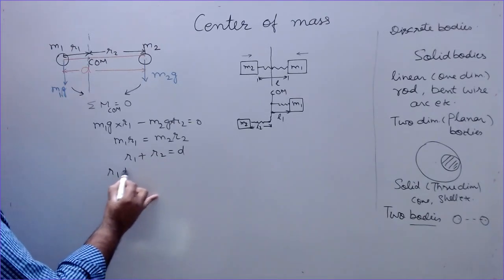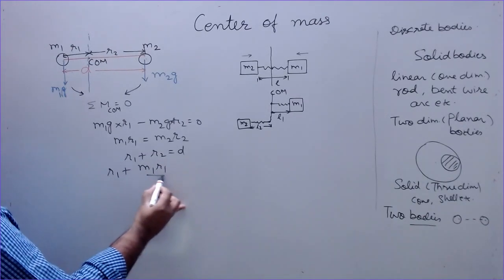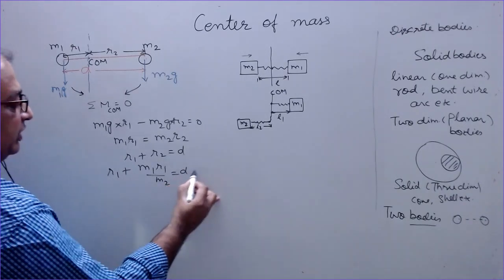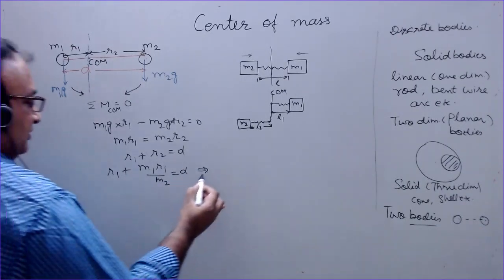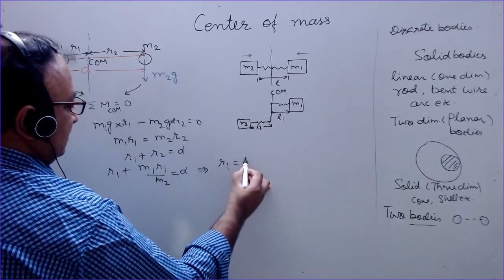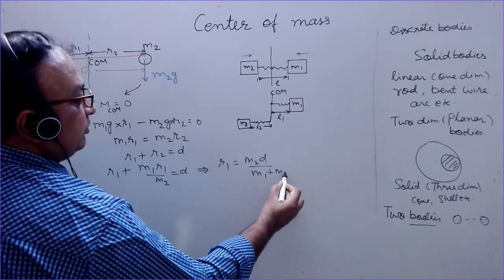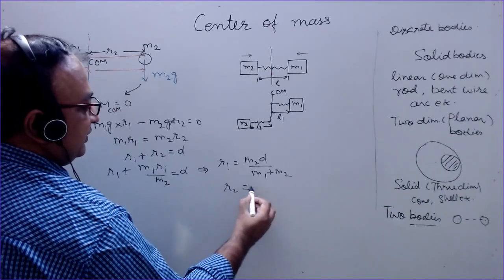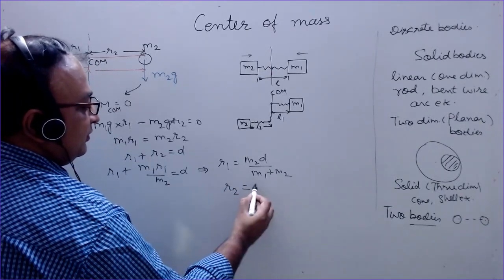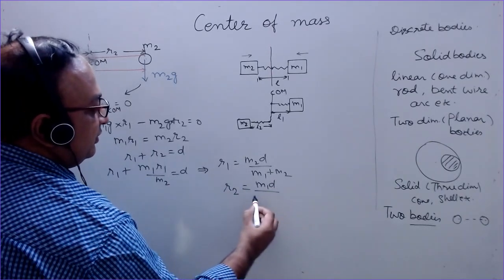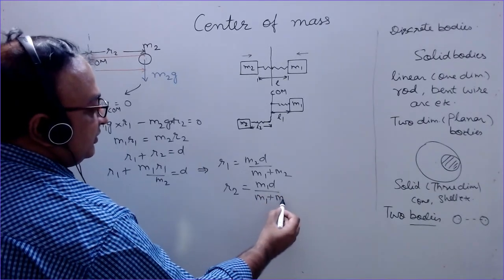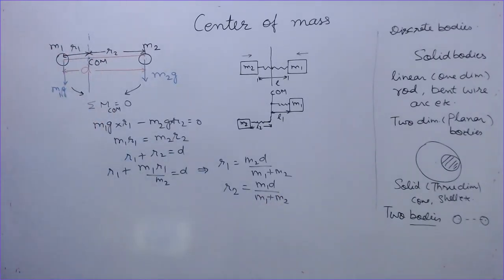So R1 plus M1 R1 by M2 is equal to D. So this gives us R1 is M2D upon M1 plus M2 and R2 is M1D upon M1 plus M2. So this is how we find the center of mass position for the two bodies.